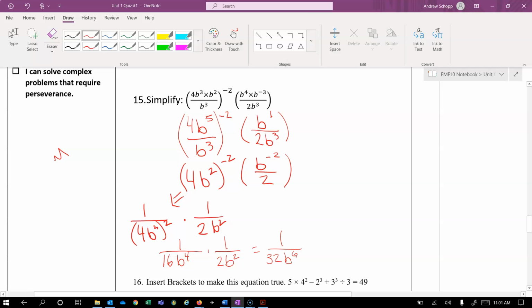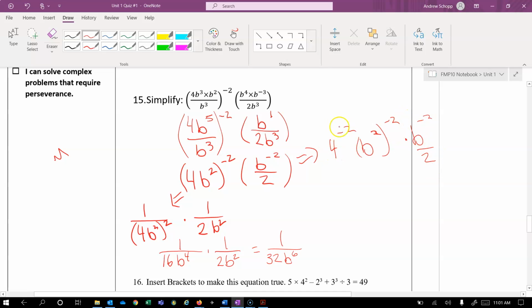Now, if you chose to multiply the negative 2's in first, we'll go this way with it, you'd have 4 to the power of negative 2, b squared to the power of negative 2, and then multiplying that by b to the power of negative 2 all over 2.